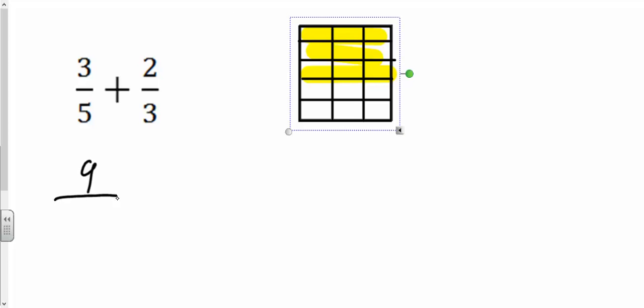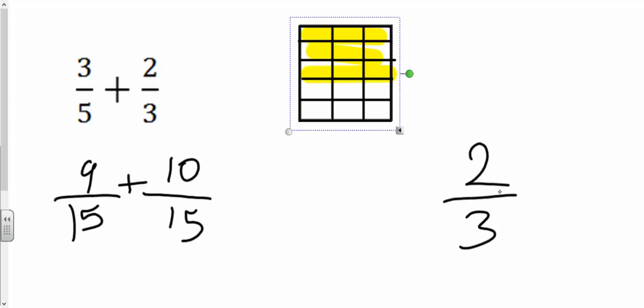So that first fraction can be written as 9/15, and the second one, 2/3, if we want that in 15ths as well, then we've got to share the denominator into 5 more parts, which means we've got to share the numerator into 5 more parts as well. So that's 10 parts out of 15. So 2/3 is exactly the same fraction as 10/15.